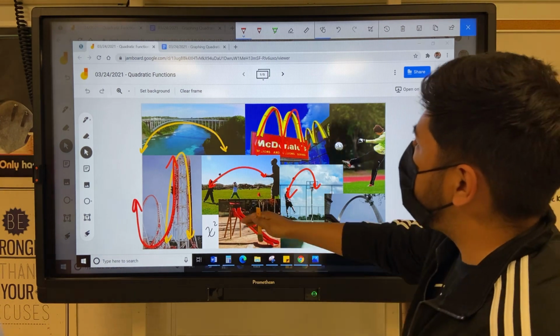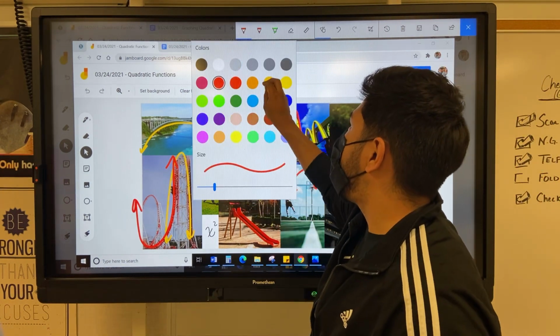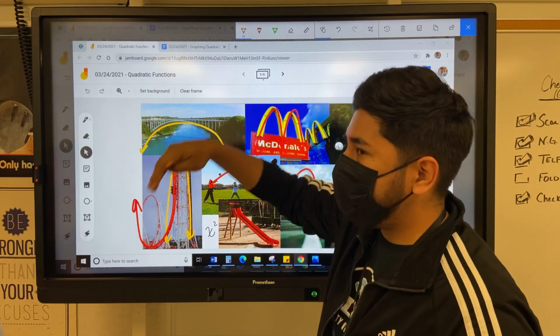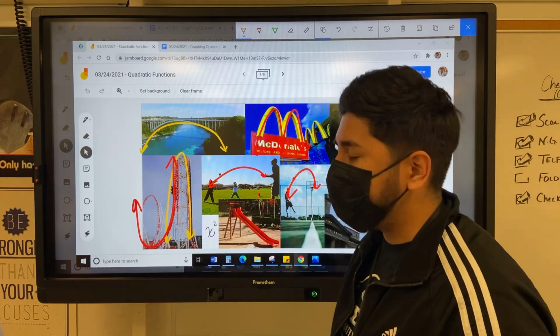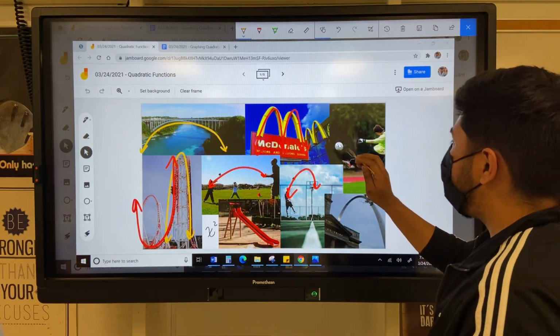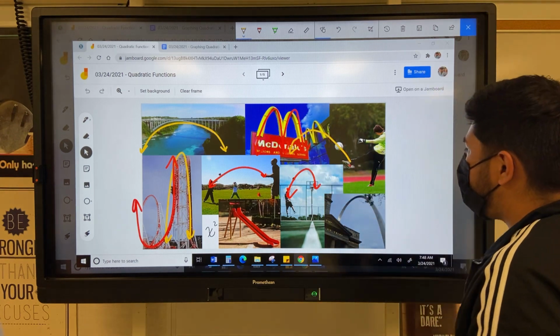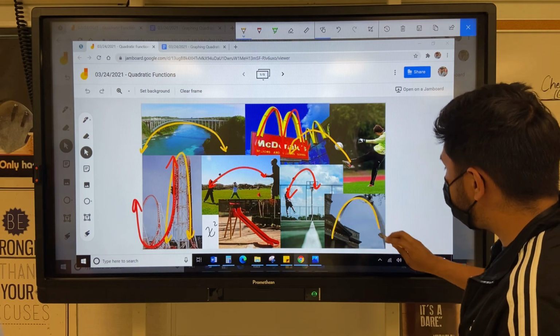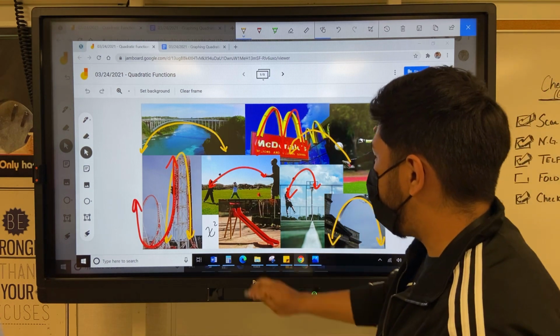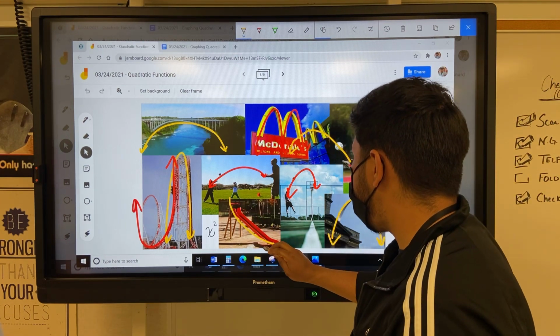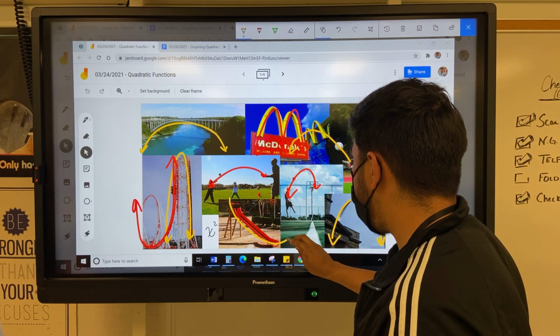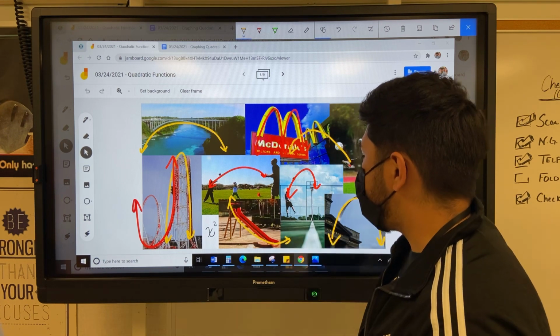For the most part, yes, a lot of the parabolas are negative because they're always coming down, and it's better for stability. I know most of my boys here, soccer. Oh, parabola, kicking and it's coming down. So arches, and then a slide. A slide is half a parabola, but if you're going to go back up, that's half a parabola.